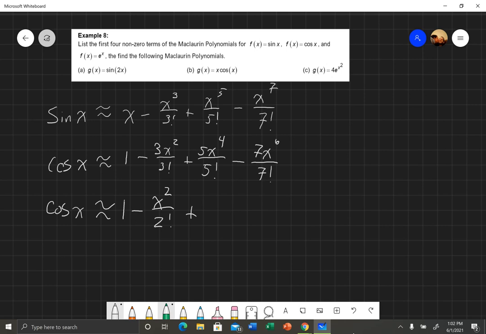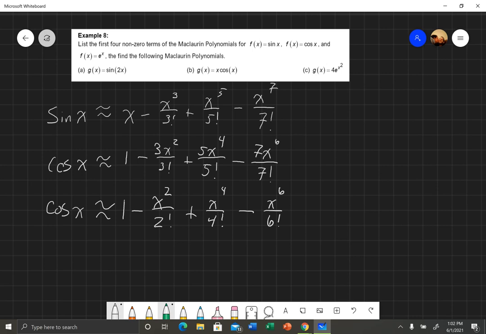Again, 5 times 4 times 3 times 2 times 1. The 5s will cancel each other out, so you're left with x to the 4th over 4 factorial. And again, 7x to the 6th over 7 factorial. We're left with x to the 6th over 6 factorial.